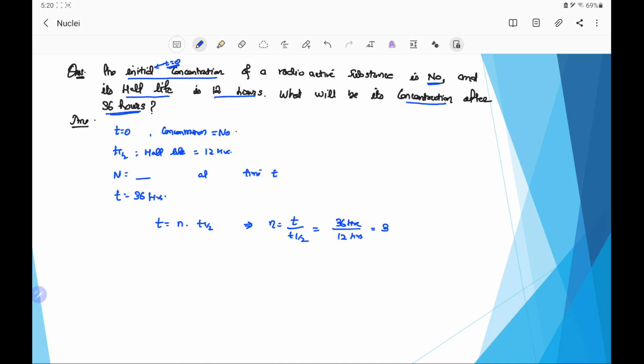Now we have to find the concentration after 36 hours, so we will use the relation found earlier, N equal to N0 (1/2) raised to the power n. This implies N will be equal to N0, the initial concentration, into (1/2) raised to the power 3. So the remaining concentration after 3 half-lives, that is 36 hours, will be N0 by 8. This is the answer.